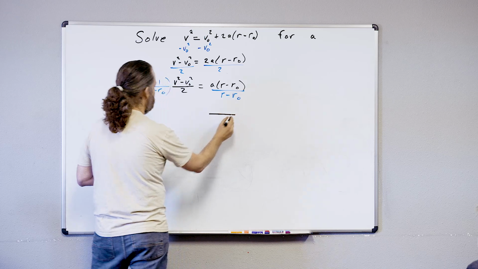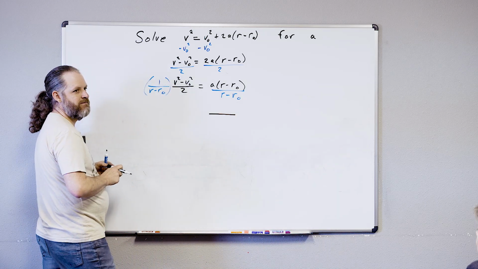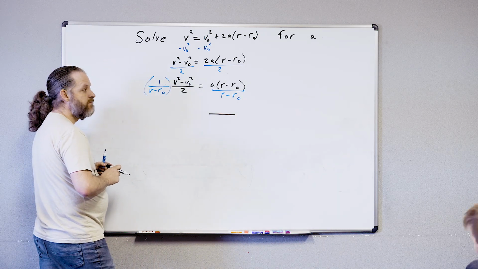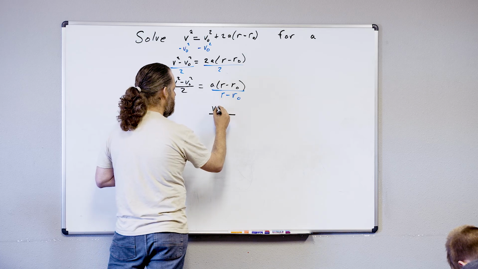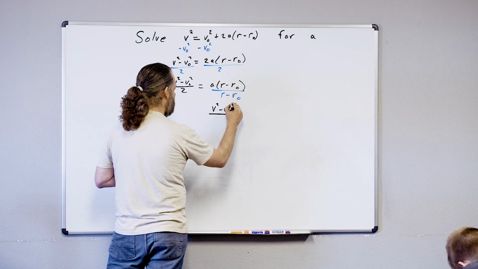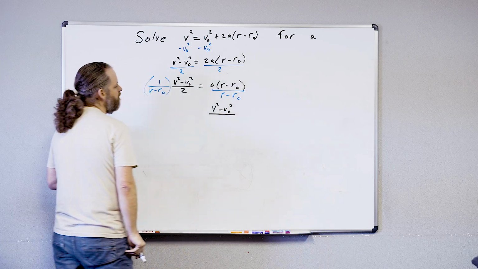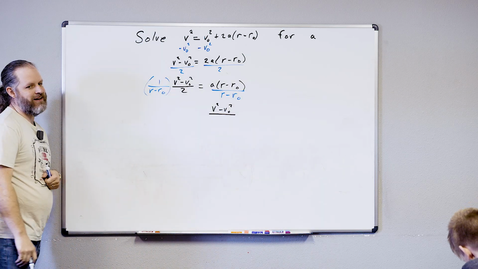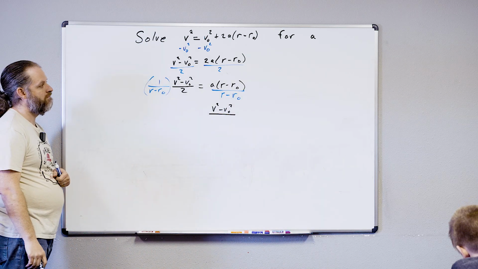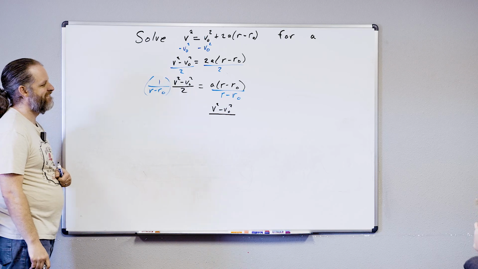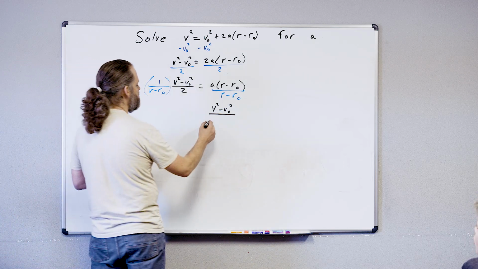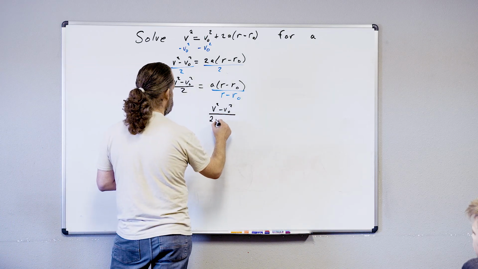The numerator. V squared minus v naught squared. Absolutely. Not squared. And then what's going to be in the denominator? R minus R times 2.